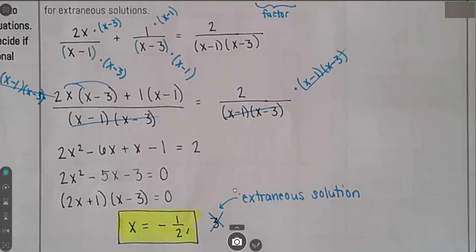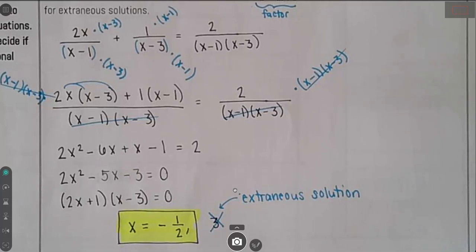Anybody? Negative 6 and 1. It doesn't matter where you put them. I'm going to put negative 6x here plus 1x here. And you can do this because negative 6x plus 1x is negative 5x. So I'm just splitting it into something bigger. And then you factor by grouping. I can pull out a 2x here, x minus 3.